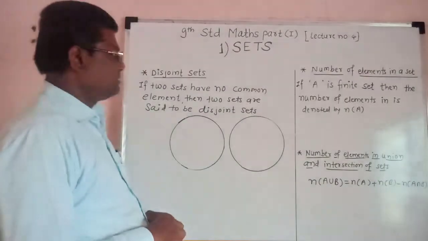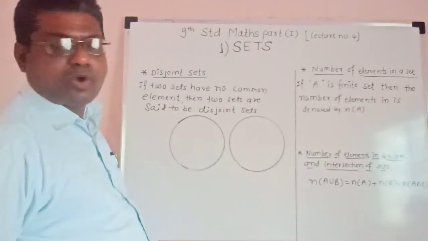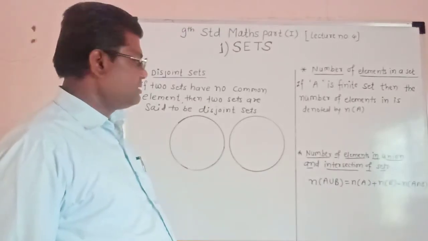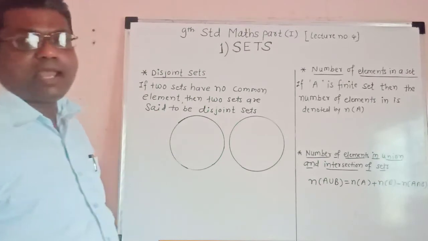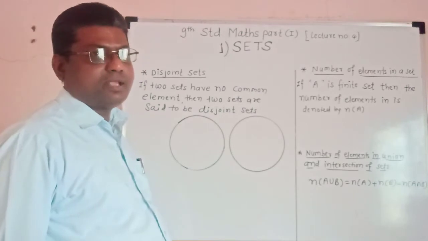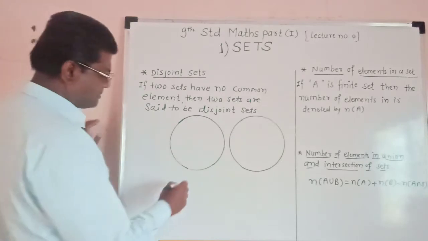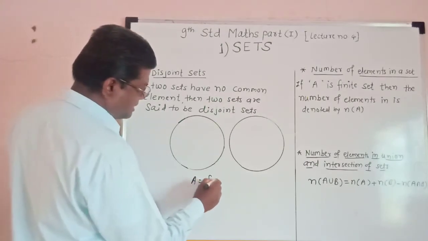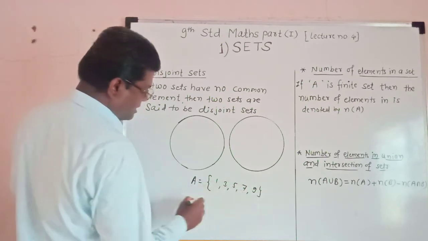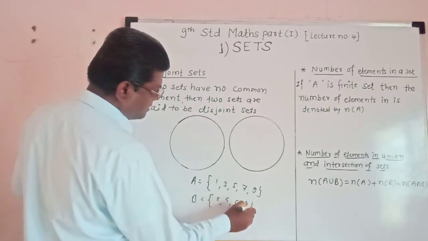Now the next point is disjoint sets. If two sets have no common element, then the two sets are called disjoint sets. Suppose A is a set of elements 1, 3, 5, 7, 9 and B is a set of elements 2, 4, 6, 8.